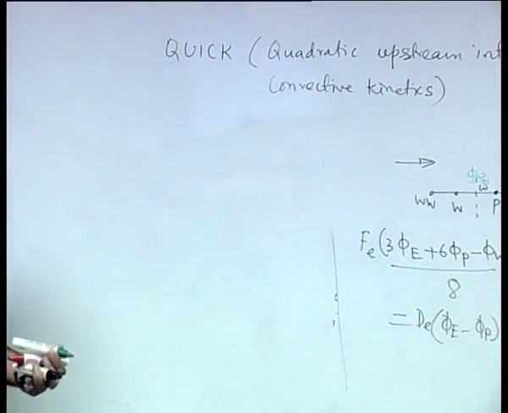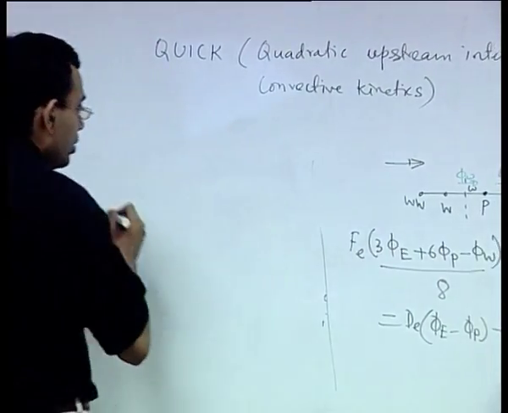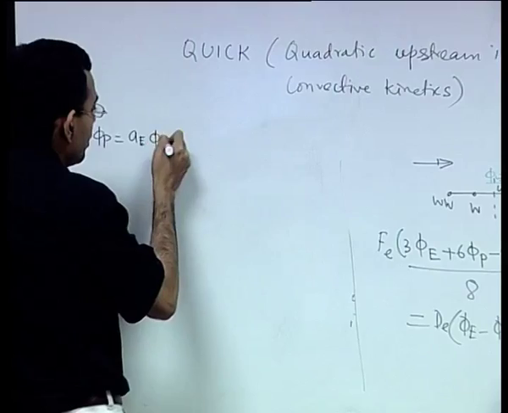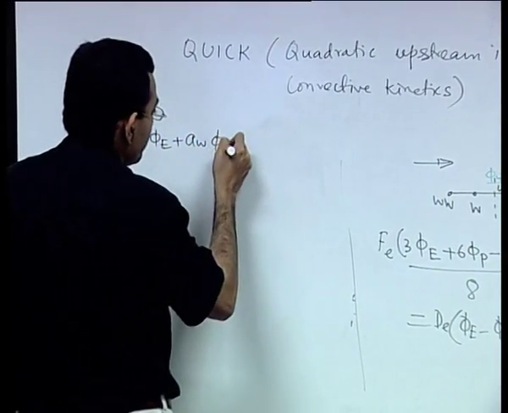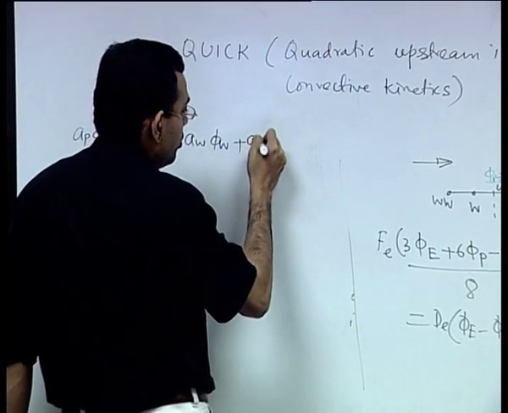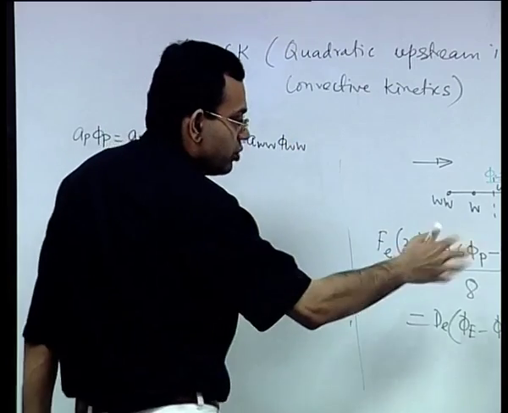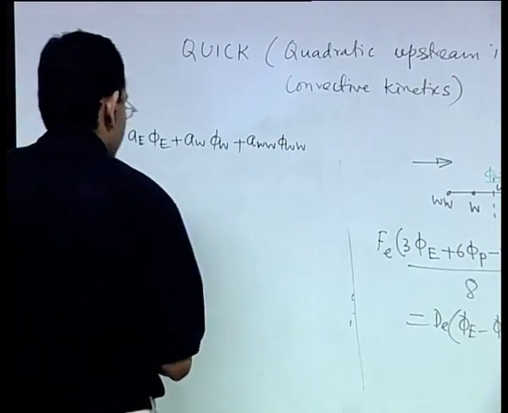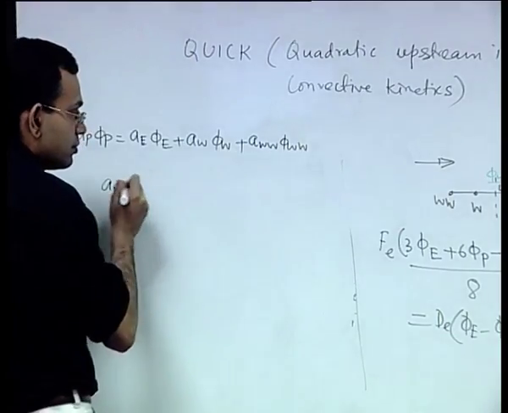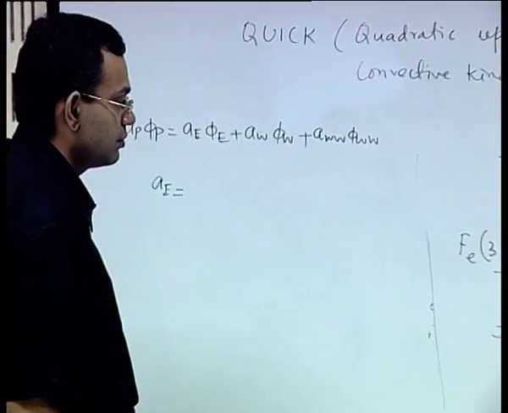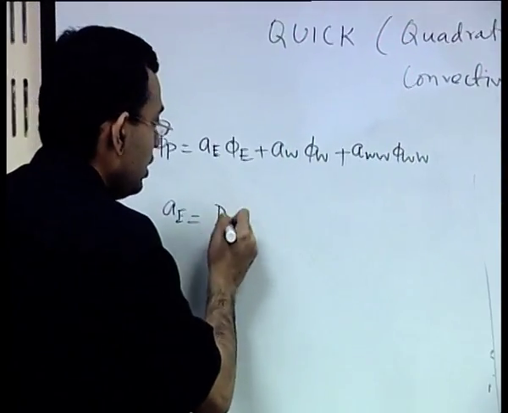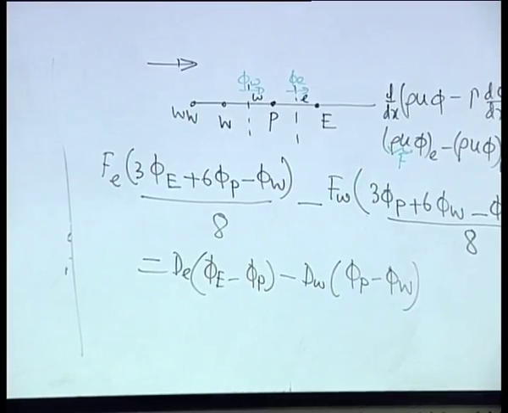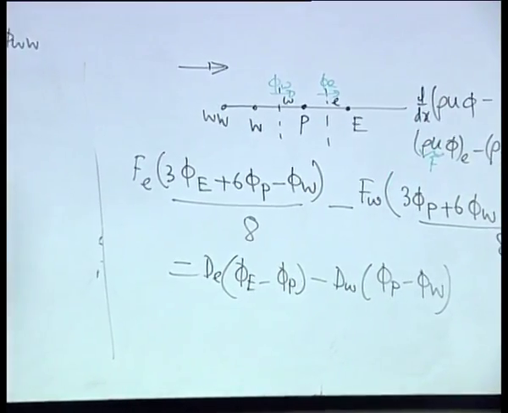So if you now assemble these terms, you will get an equation of the form AP phi P is equal to AE phi E plus AW phi W plus AWW phi WW. There is no B here. So what is AE? DE. So if you consider the right hand side here, DE minus 3 FE by 8.